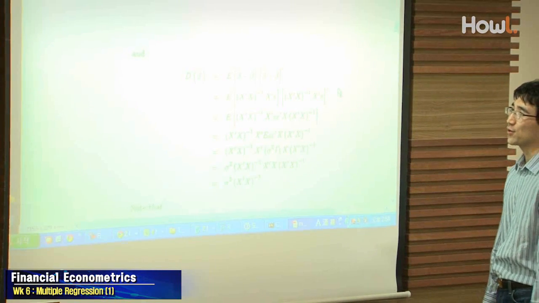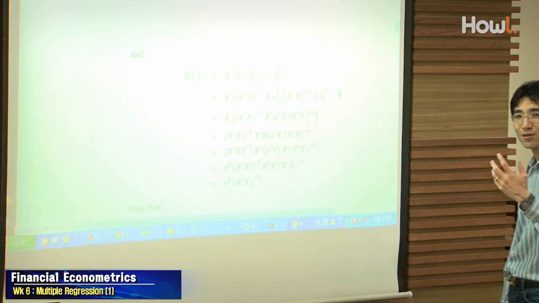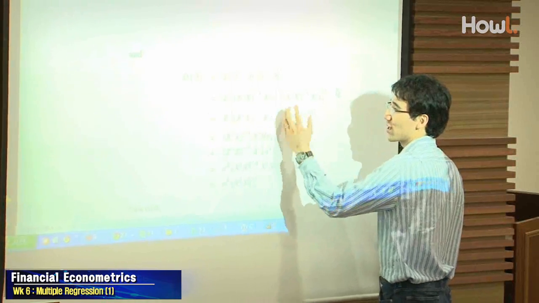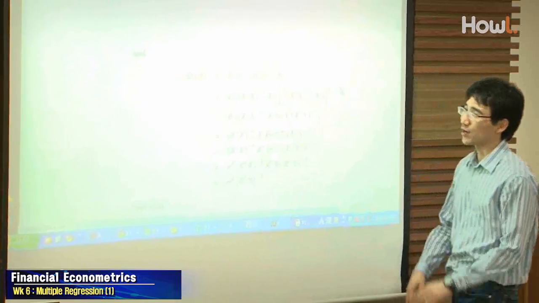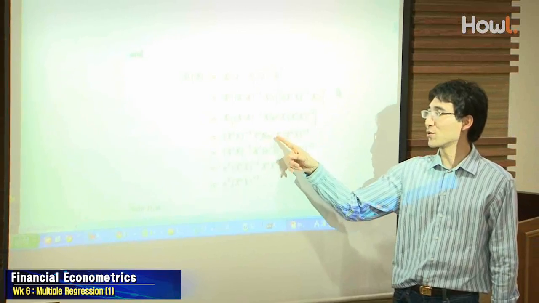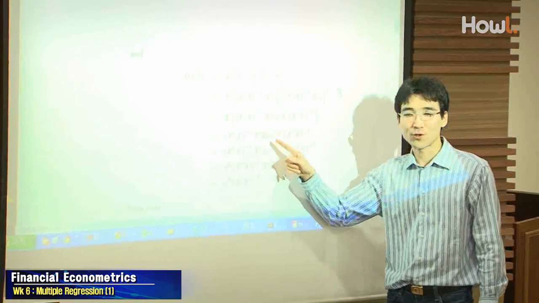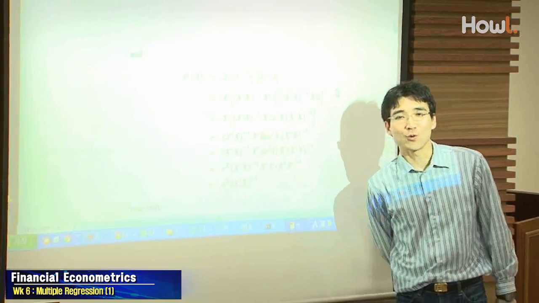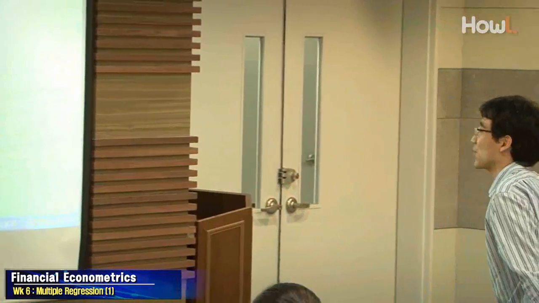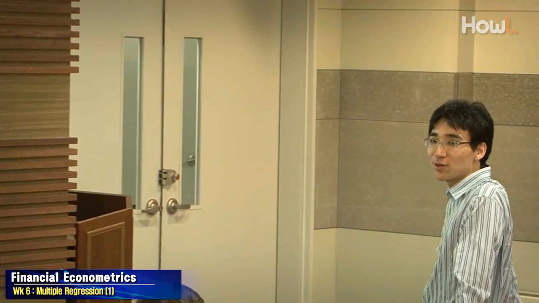And conveniently, x is all given. You can evaluate the data, non-stochastic. So expectation goes inside, and we can put all the x outside. And by the assumption, the expectation of epsilon epsilon prime is sigma squared times I, right? Because from our assumption, the epsilons are all independent of each other.